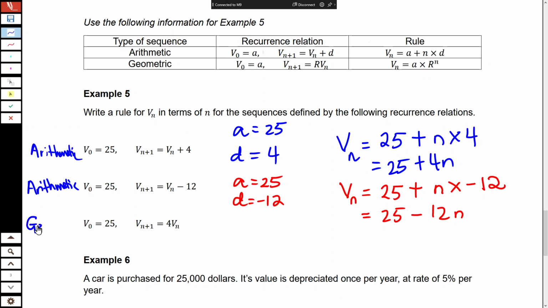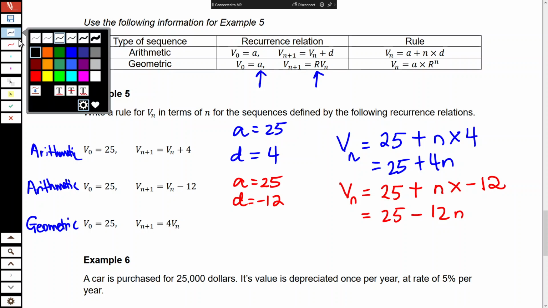All right, last one. This is a geometric sequence, which means we cannot use the first row now. It's a different kind of sequence. This time we're starting at A and we have a common ratio, capital R. That's the number that we are multiplying by each time.